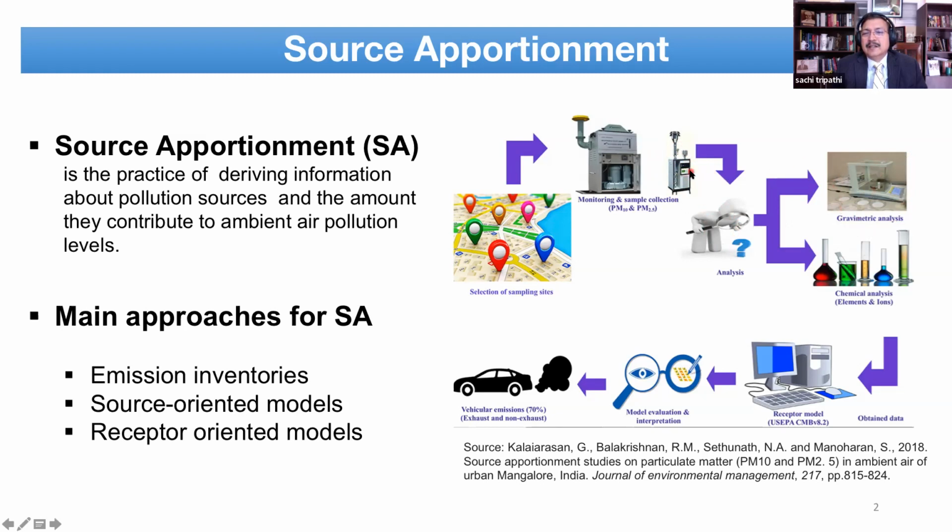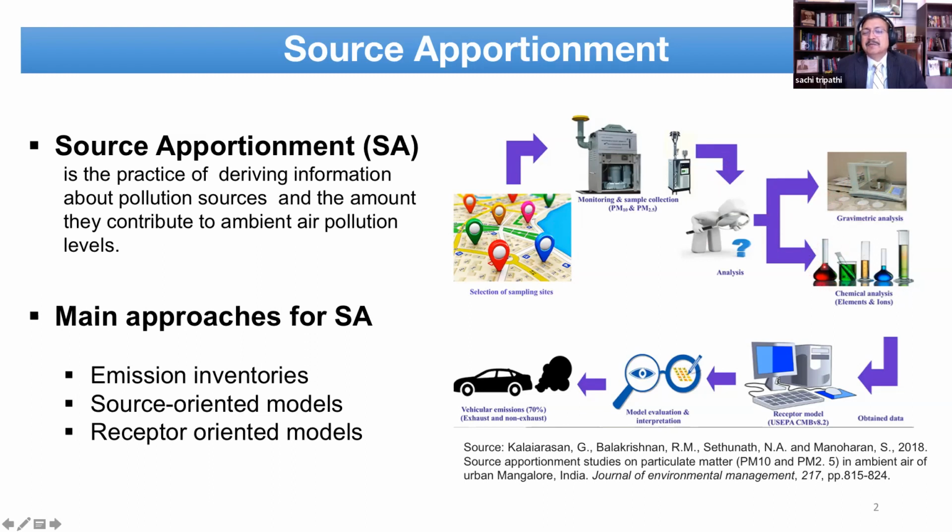In fact, if there is a timeline between these two steps, then one has to take utmost care in storing them in a freezer or so that the volatile material does not get lost. The second part is that once we have understood what is the total mass of particulate matter that is deposited on the filter, one does chemical analysis.